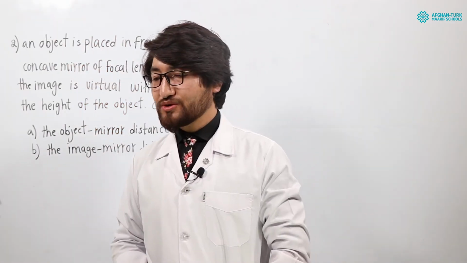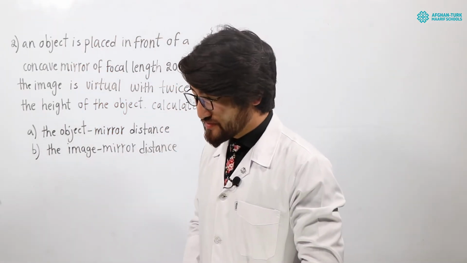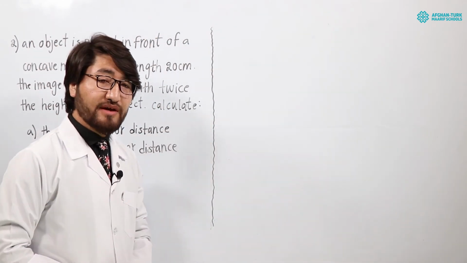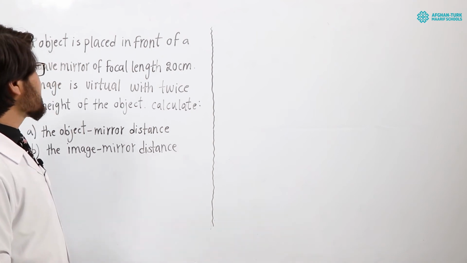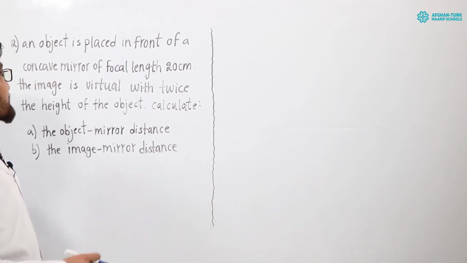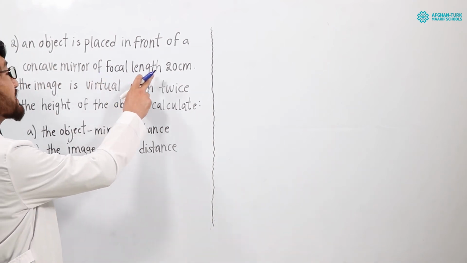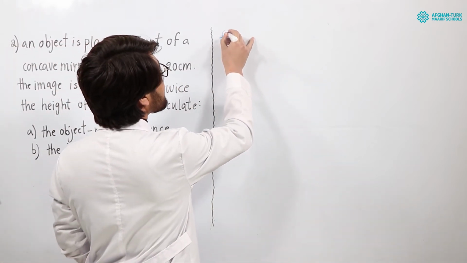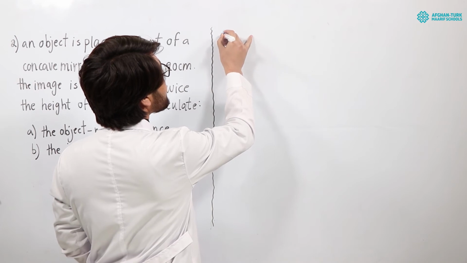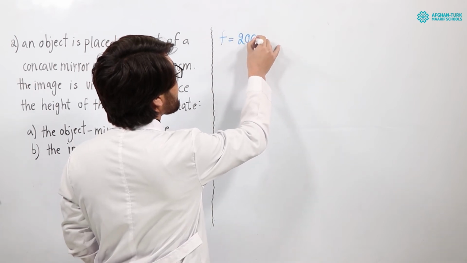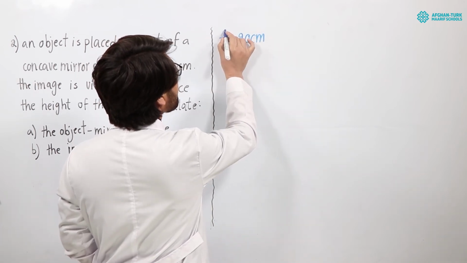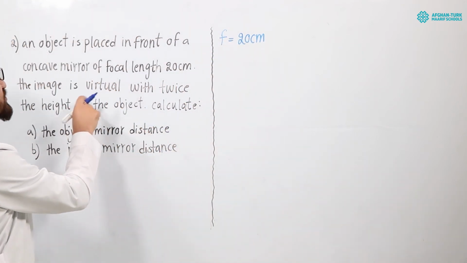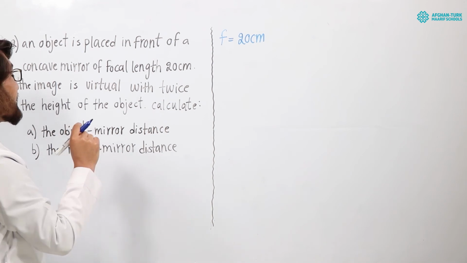Okay guys, question number 2. I solve one more question about magnification. An object is placed in front of a concave mirror of focal length 20. What's focal length? Focal length is F, it means 20 centimeter. The image is virtual with twice the height of the object.